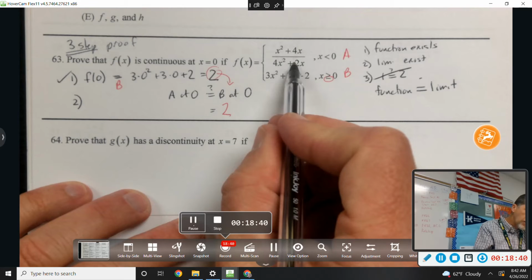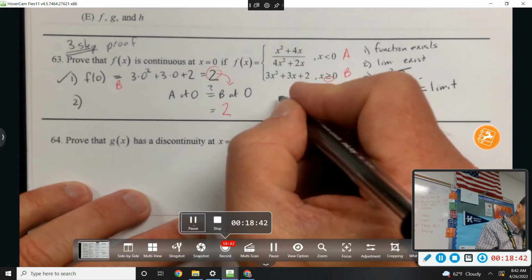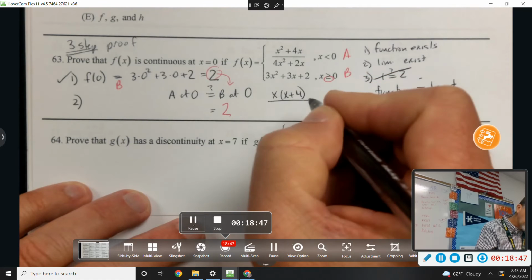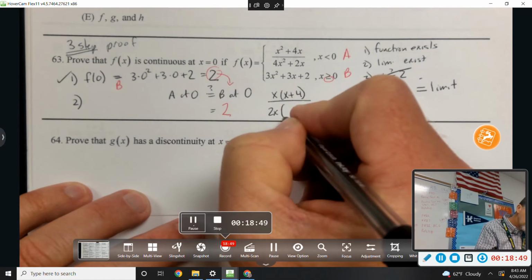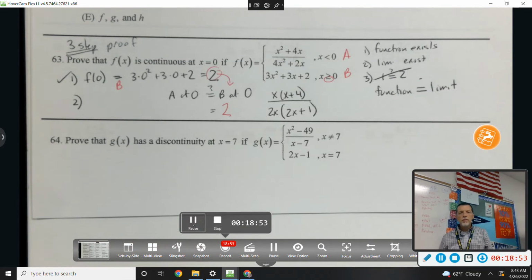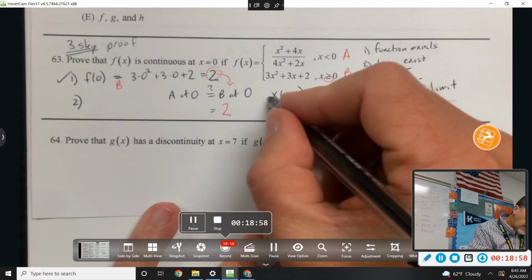Although if I plug in 0, I get 0 over 0, so I need to do a little bit of work on part A. Let's see, the x's cancel.